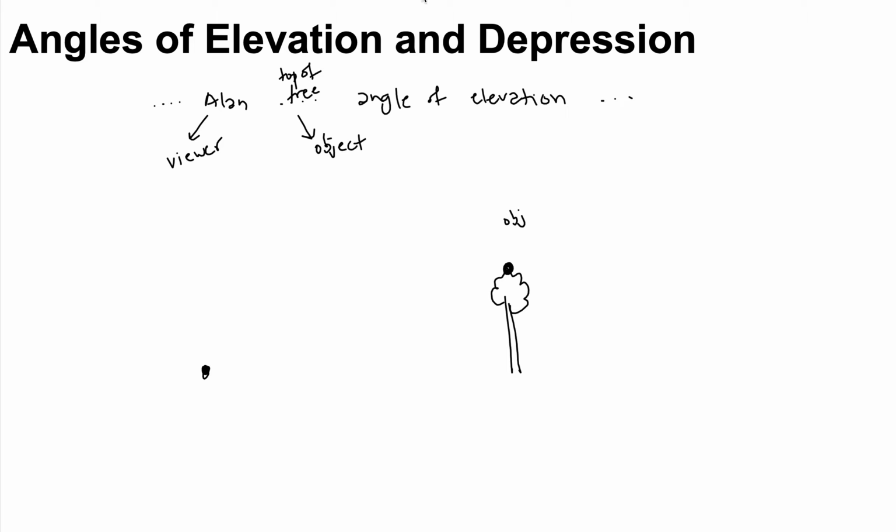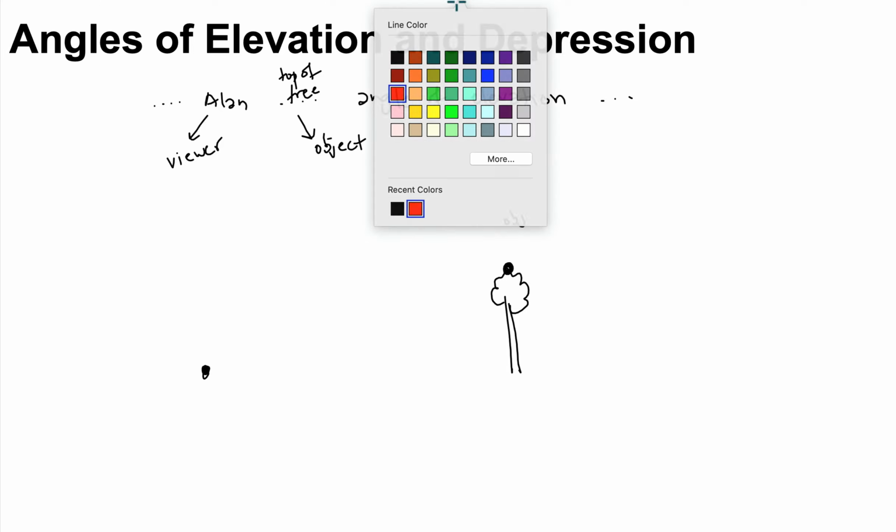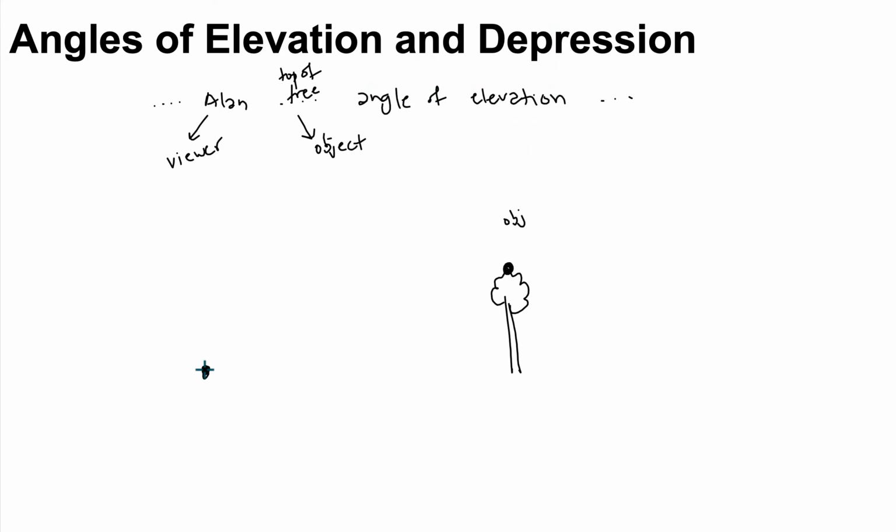The first step to identify where the angle is, is to draw a horizontal line. So I'm going to draw a horizontal line from the viewer towards the object. Not a diagonal line and not a vertical line. You're just going to draw a horizontal line towards your object.